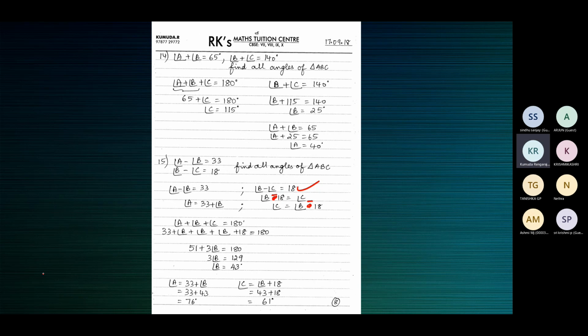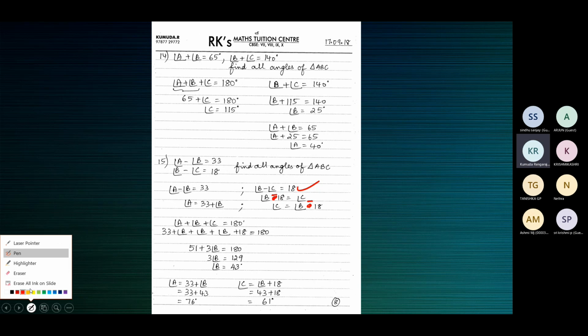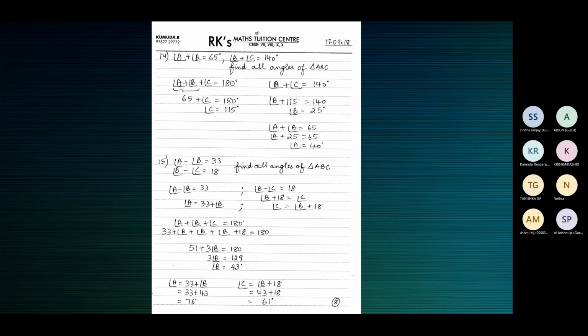Okay, you please work now and tell me the correct answer. I'm saying B minus C is 18. So when this one comes here, it will be minus 18, is equal to angle C. So angle C is B minus 18. Then you should substitute. A is 33 plus B, B is B only, C is B minus 18.